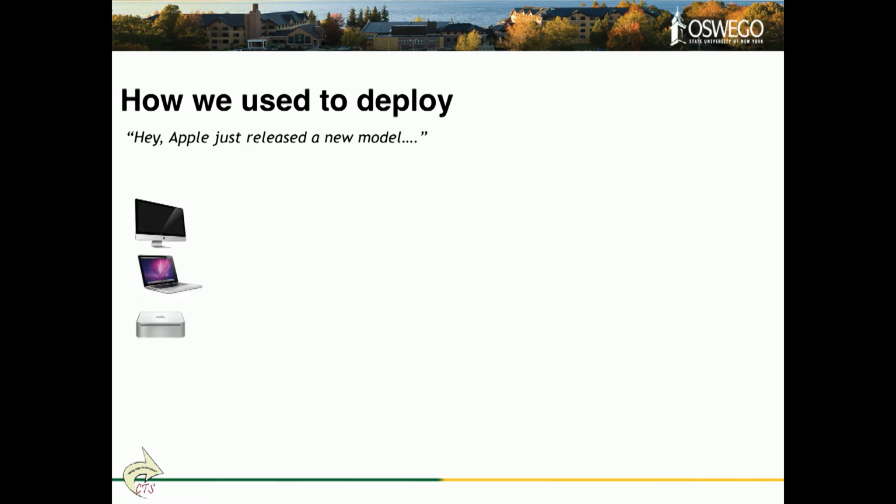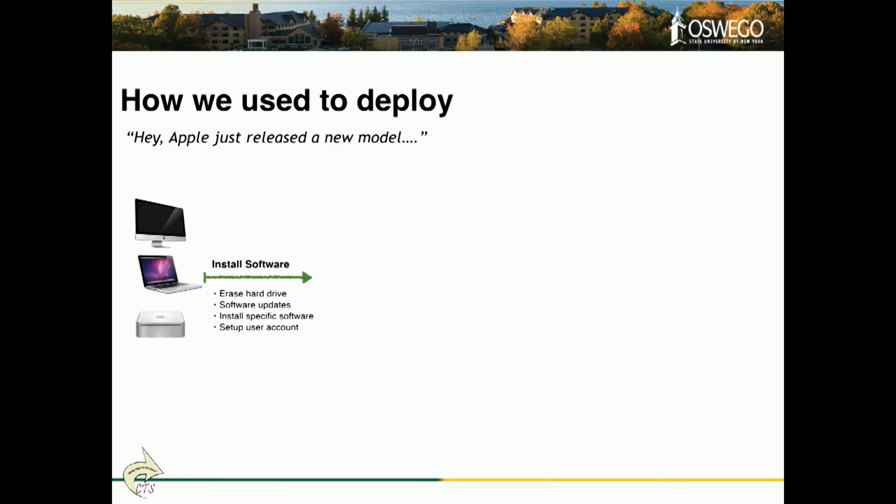So the way we used to deploy Mac computers before is Apple would release a new model. We'd get it. We'd install our software on it that we needed. We would take a giant image of that hard drive, put it up on the network. We'd have new computers come in. We'd get that image off the network.